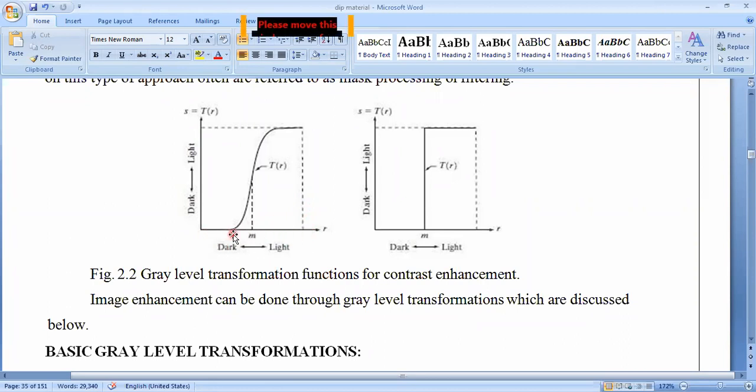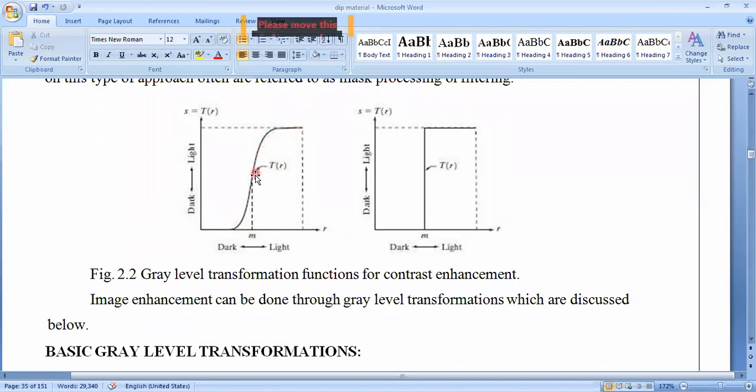So this range of pixels is going to be compressed to the dark value 0. Similarly, up to here, almost high intensity values are going to be compressed to bright pixels, that is white.